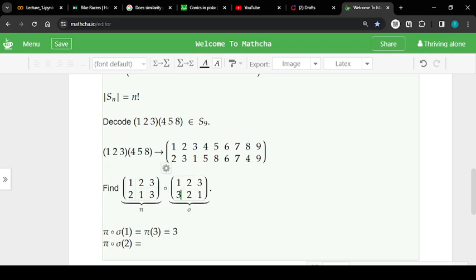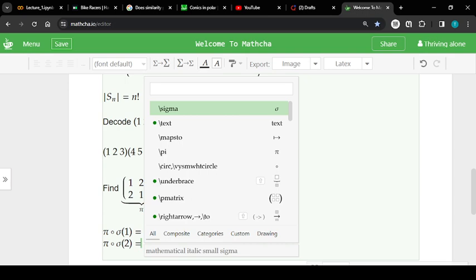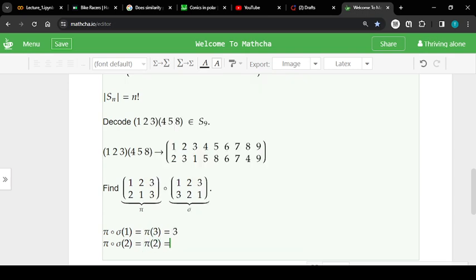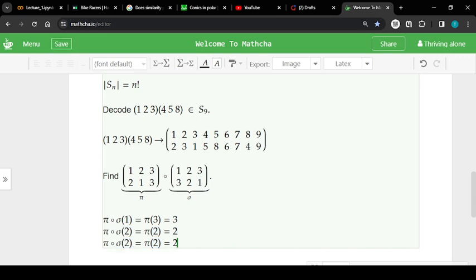Sigma of 2 is 2. That's a fixed point. So pi of 2 is nothing but 2. Now the last point, 3. Sigma of 3 is just 1, so pi of 1, and that's just 2.